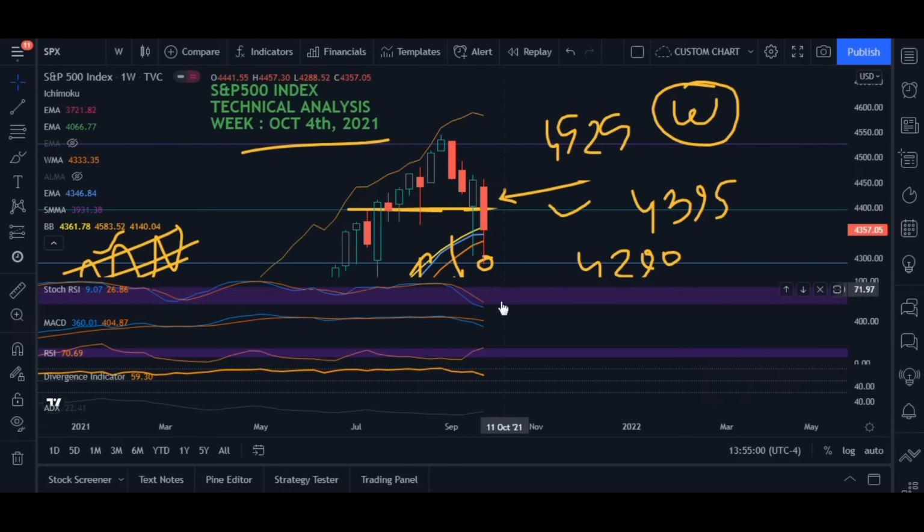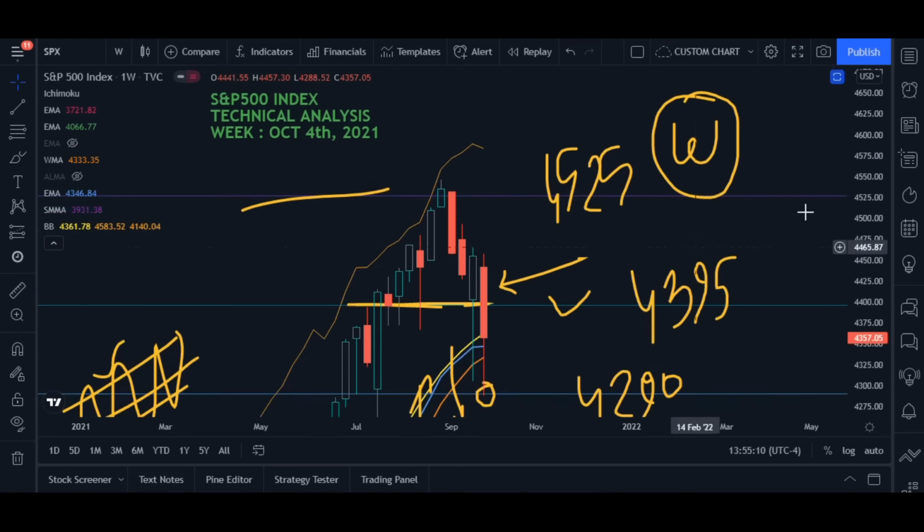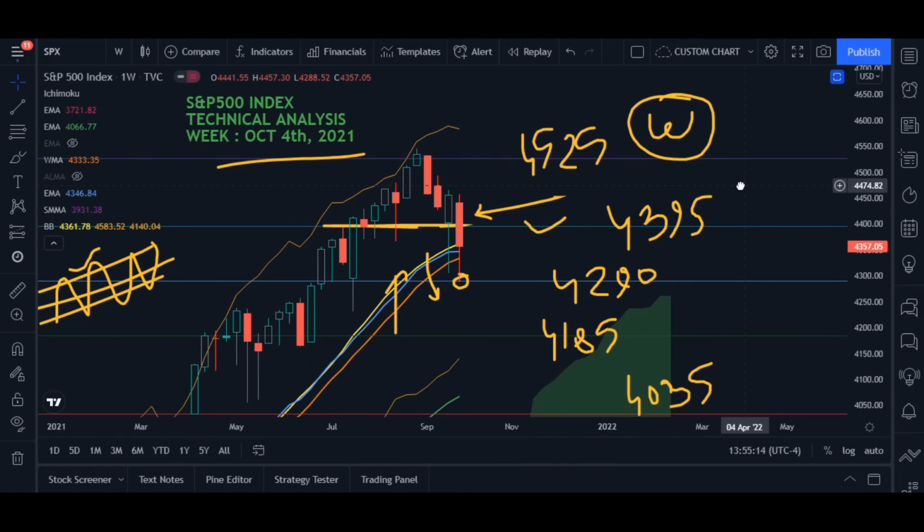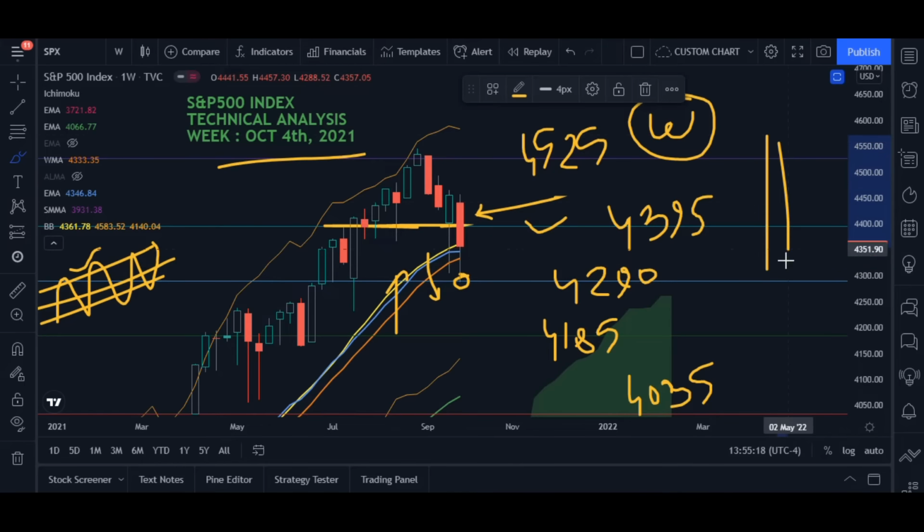So this is good news for the bears, that there is a heavy momentum building up in favor of bears. So through all of the technical indicators on the weekly chart, you can say the market is bearish and partially bullish.